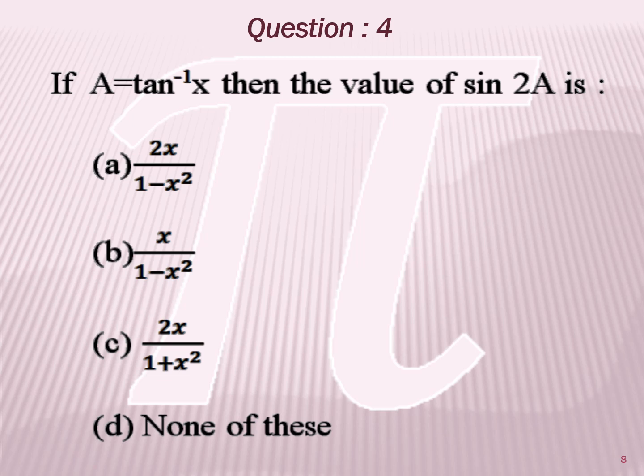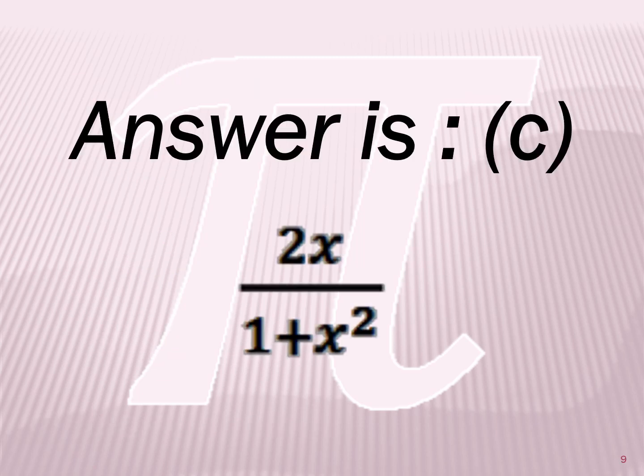Option D, none of these. The answer to this question is option C, that is 2x upon 1 plus x square.